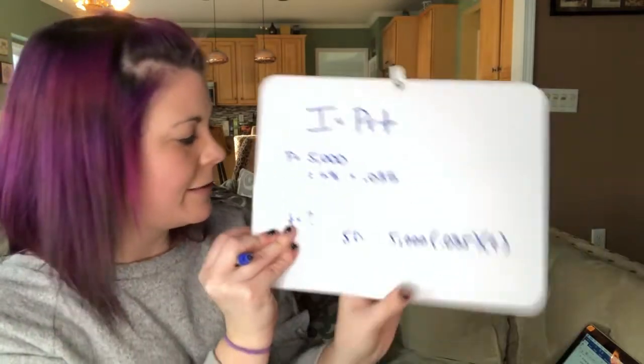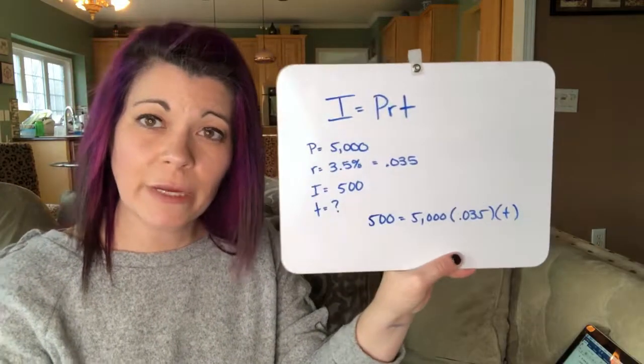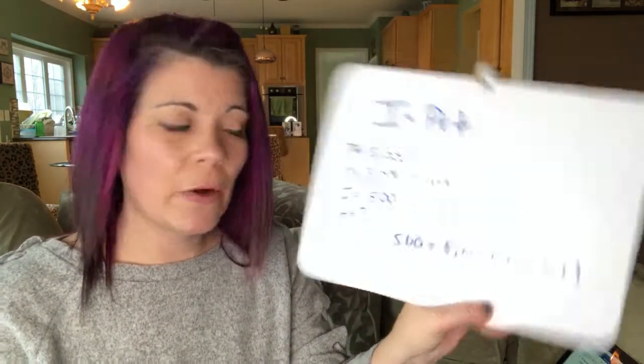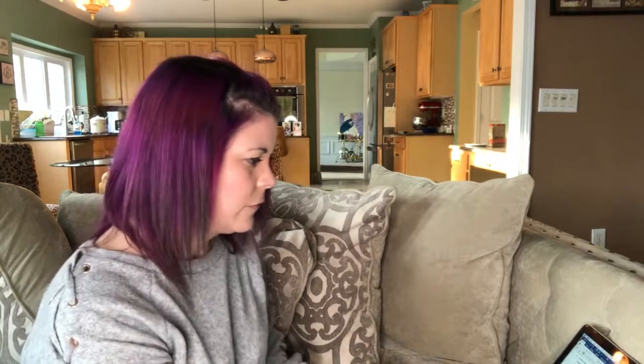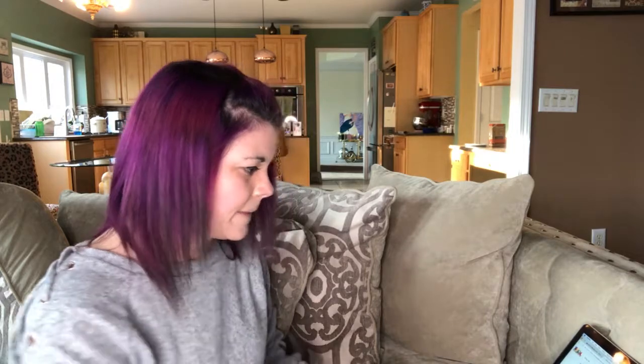So 5,000 times 0.035 is 175. So 175t equals 500. Then we divide both sides by 175 to get about 2.9 years.